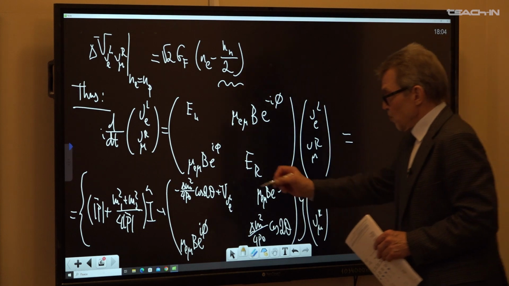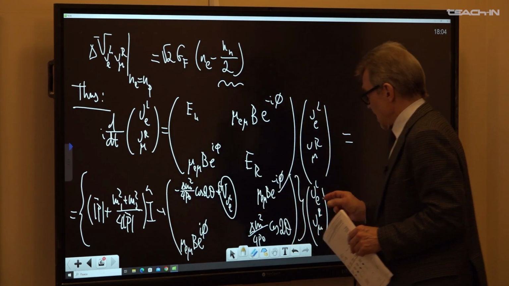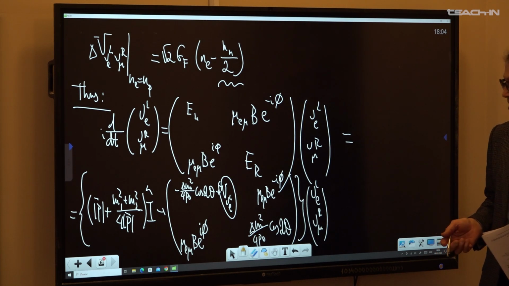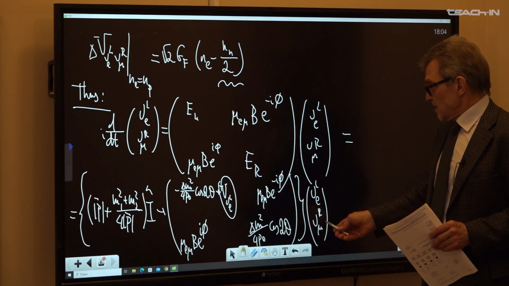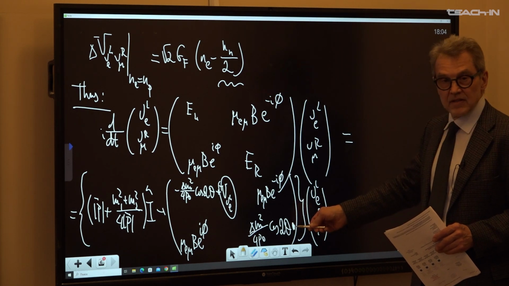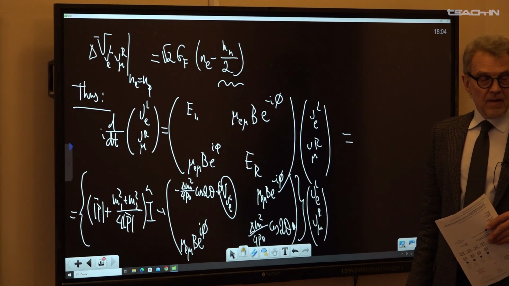What is important: only the left electron neutrino couples to particles of the environment, and the right-handed muon neutrino is sterile. That's why here is nothing.